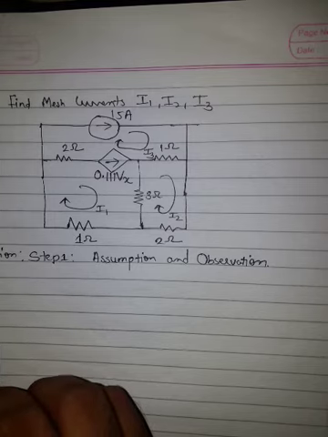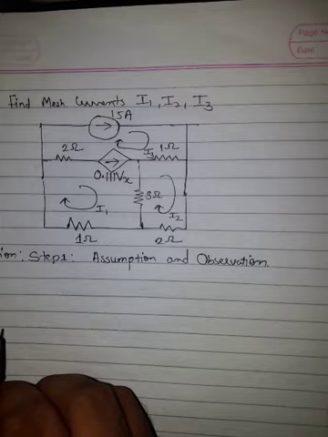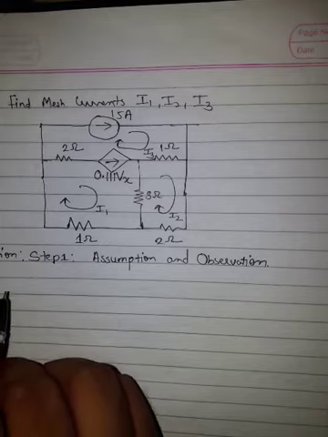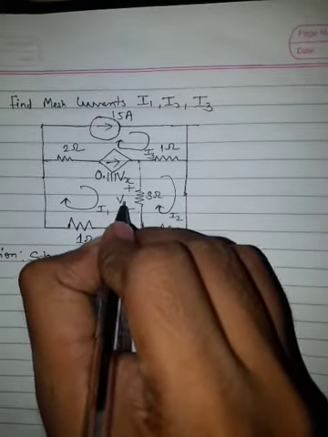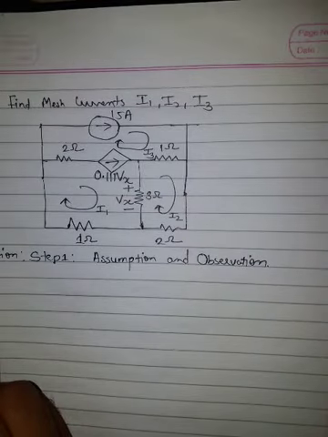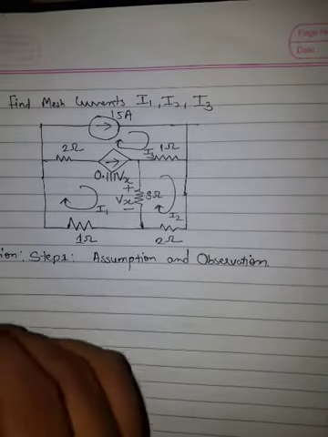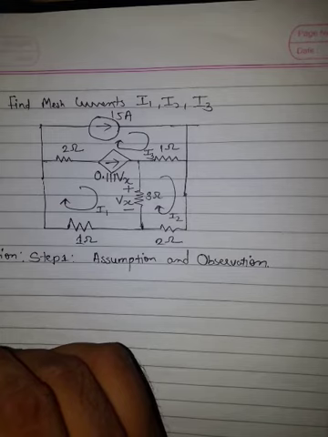From observation, we have to find the value of Vx. Vx is given here in this problem. I forgot to write Vx, which is across 3 ohm.